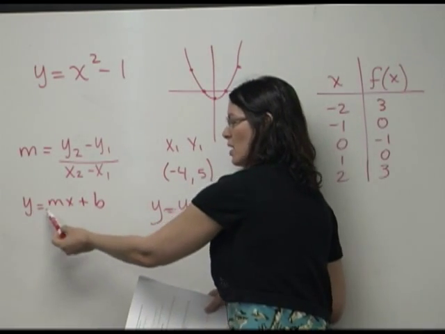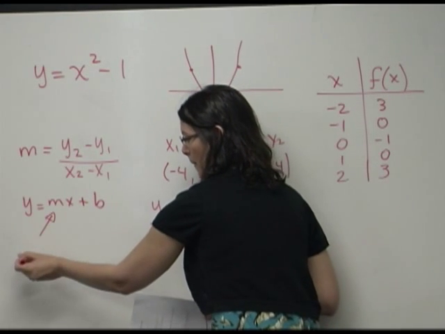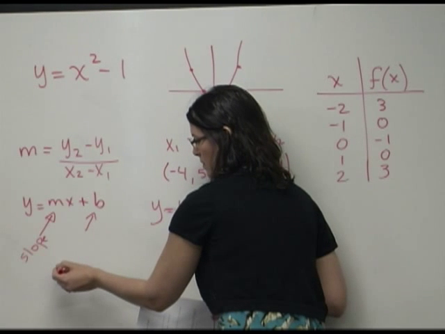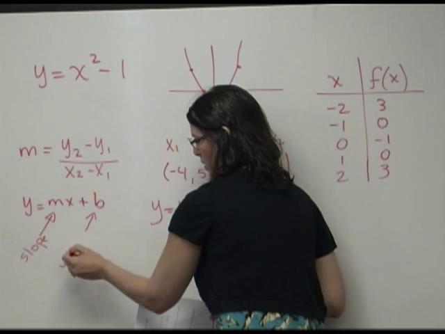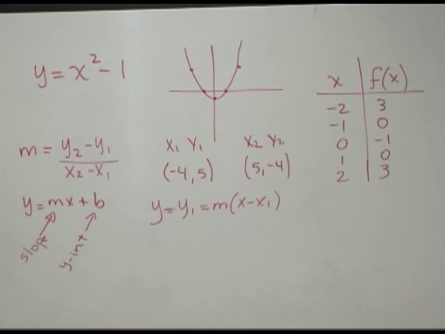This is the y equals mx plus b, right? m being what? Slope. And b? The y-intercept. Now, those are the basics of linear equations.